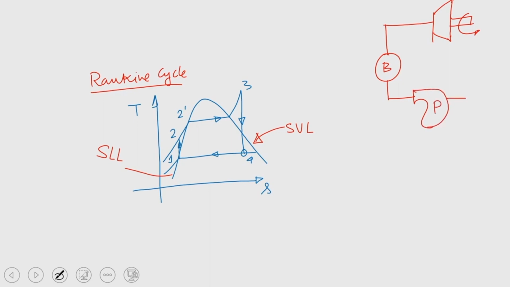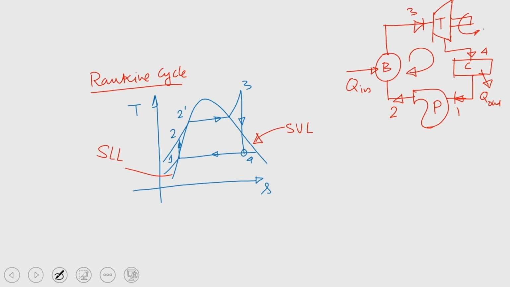Now, this is the pump, so this is 1, this is 2, this is 3, this is 4. Q in, so this is the turbine, W in.